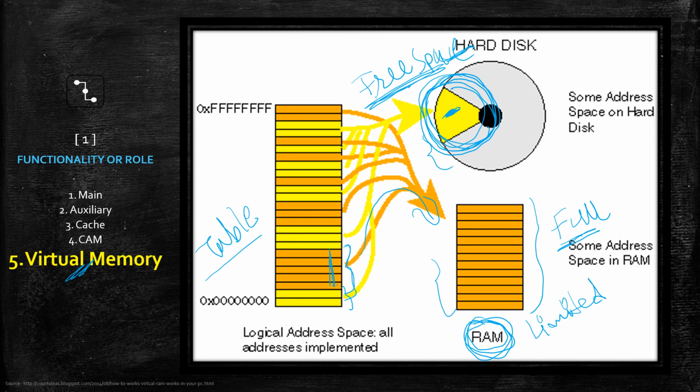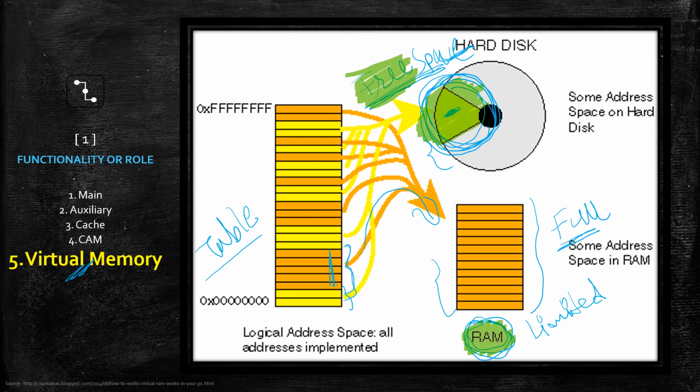So in short, the idea behind virtual memory is to use the hard disk's free space and make this free space behave like RAM.